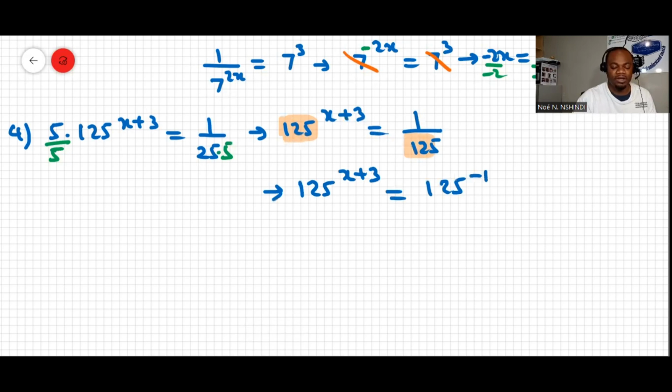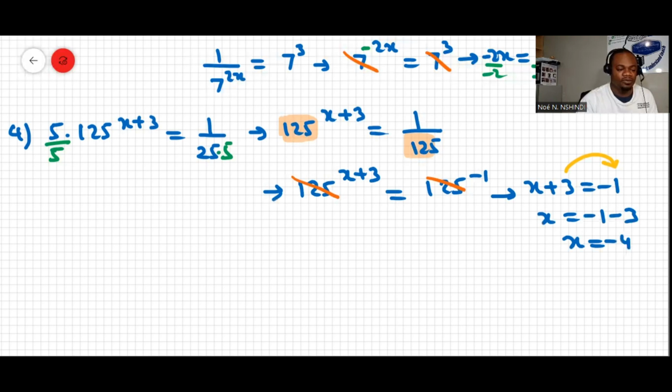Now that the bases are common, then you can just drop the bases and then equate the exponent. So x plus 3 will be equal to negative 1. So if I move the 3 over, x will be equal to negative 1 minus 3. So x will be equal to negative 4.